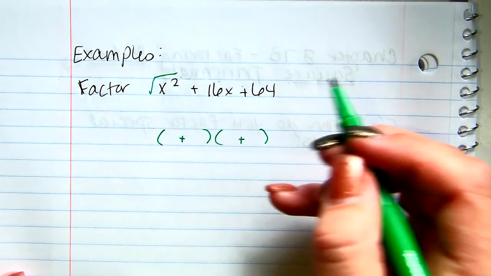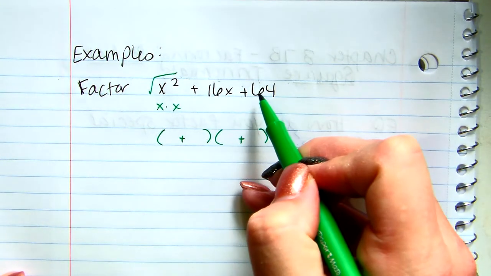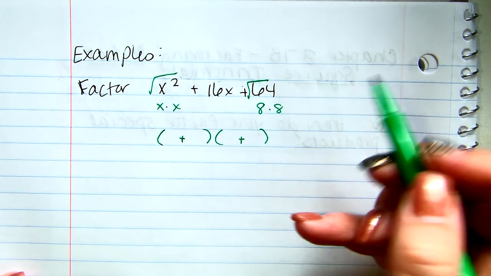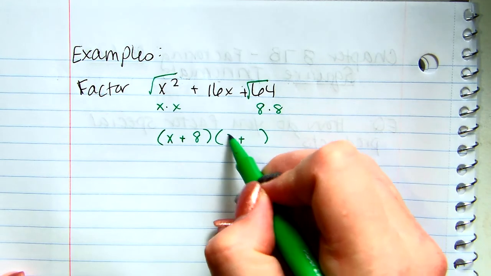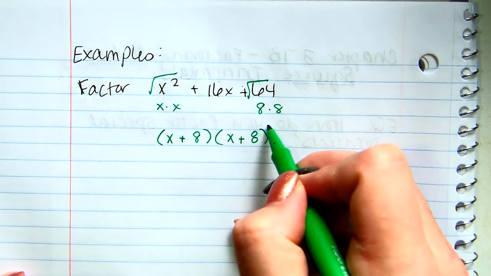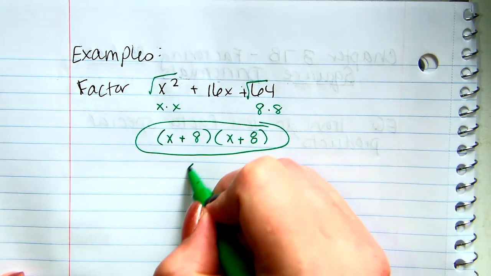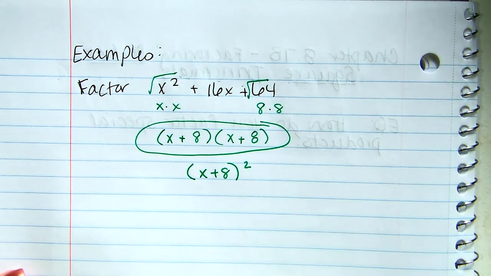And we're going to find the square root of the last term, which is going to leave us with 8. That means I'm going to have x plus 8 up front and x plus 8 in the back. This will be my final answer. I would also accept this here, x plus 8 squared. This is also okay.